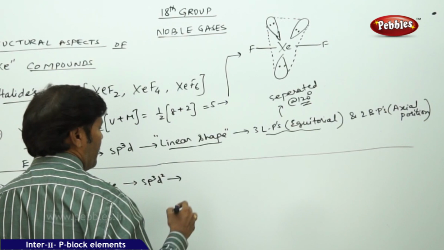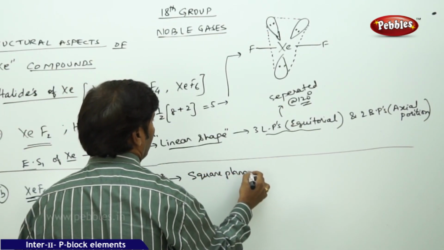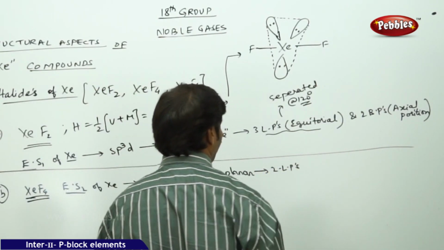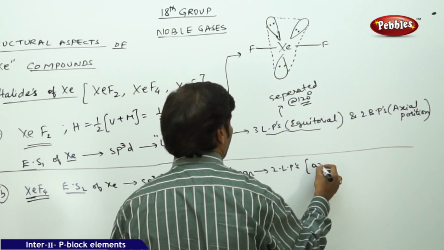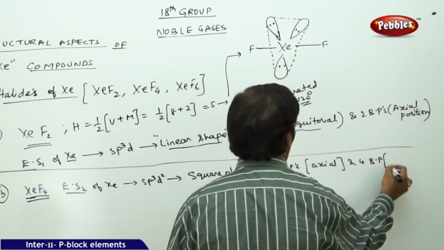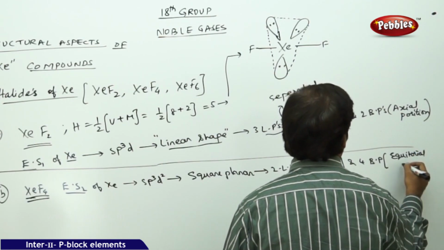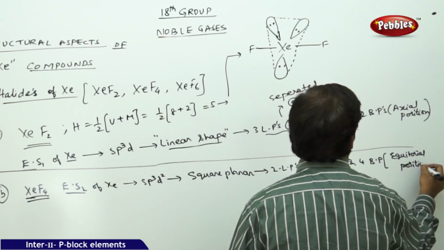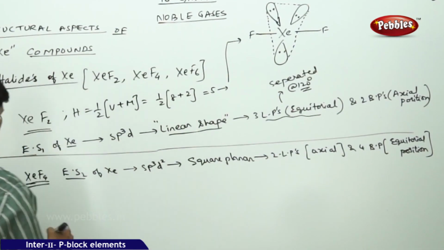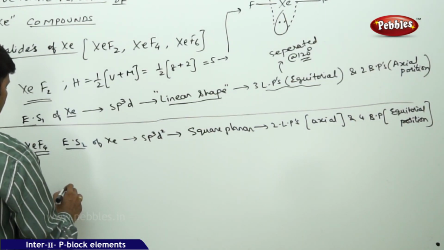So I can say that it has a square planar shape with 2 lone pairs in the axial position, and the rest of the 4 bond pairs are in the equatorial position. So take the shape of xenon tetrafluoride.